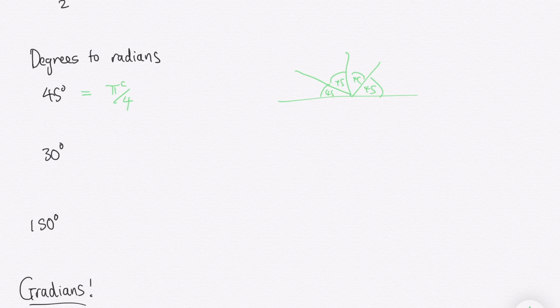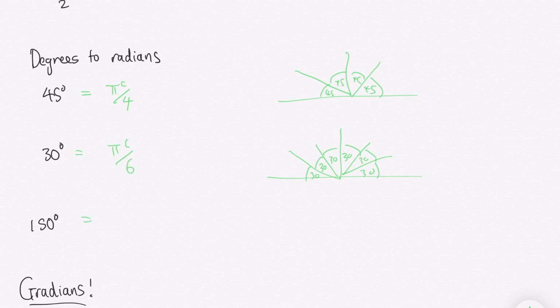Well, what about 30 degrees? Well, 30 degrees is a sixth of a straight line. We can get 6 lots of 30 degrees into a straight line. So that must be pi radians over 6.